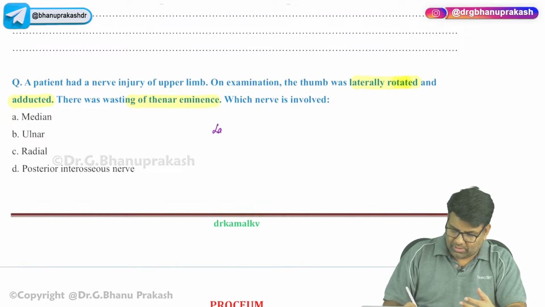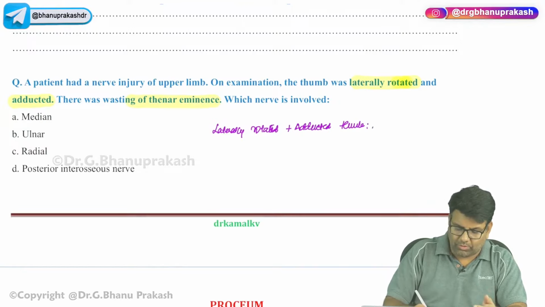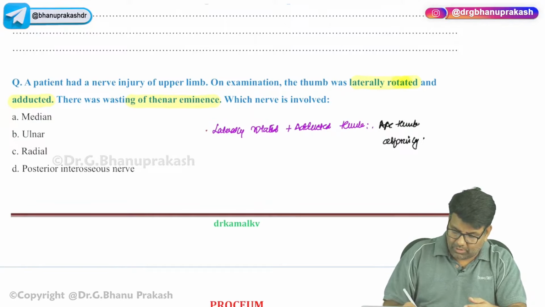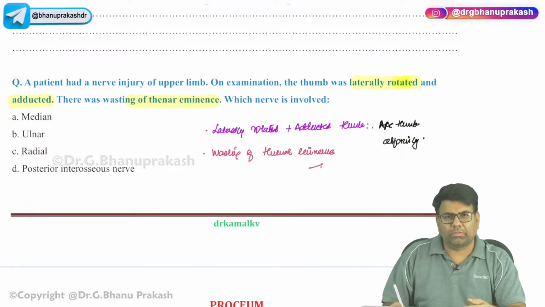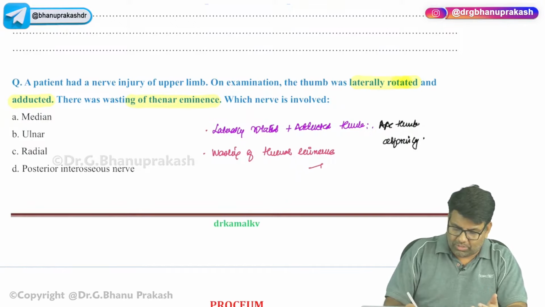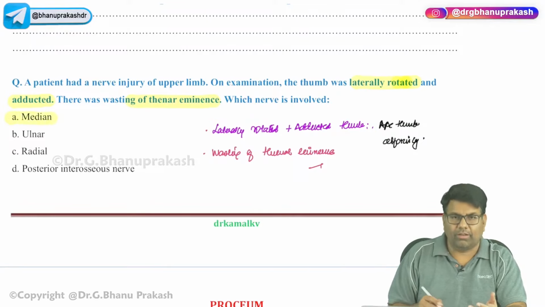This laterally rotated plus adducted thumb is what you call ape thumb deformity, and wasting of the thenar eminence suggests that there is paralysis of the median nerve. So this is quite obvious. The answer is median nerve injury.